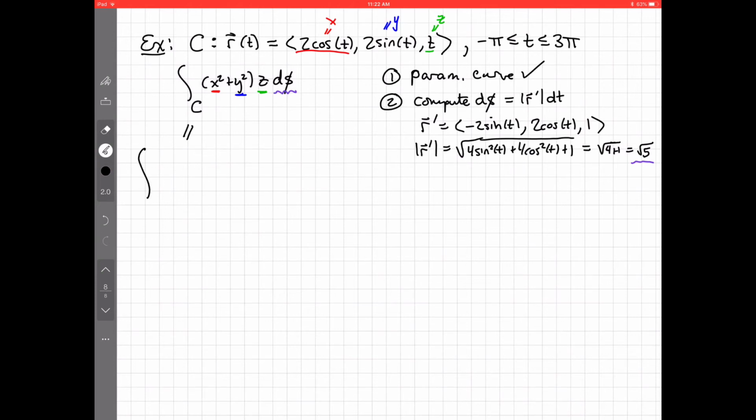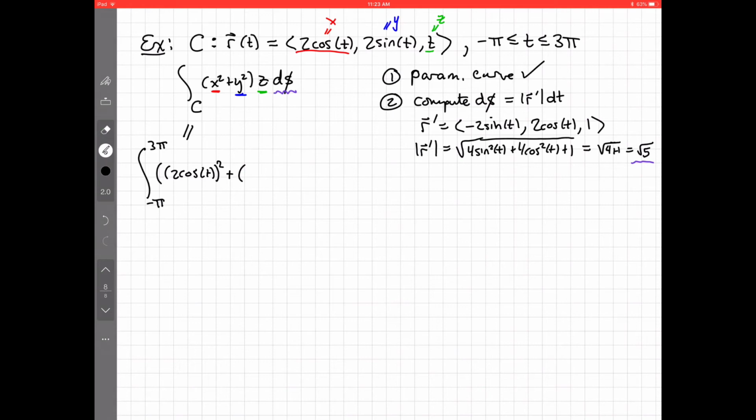So we have the integral. Okay, we're turning this into a regular old single integral. The integral from negative pi to 3 pi. That's our domain for t, so that's where we integrate. And then we need to plug in x is 2 cosine of t, so we have x squared.